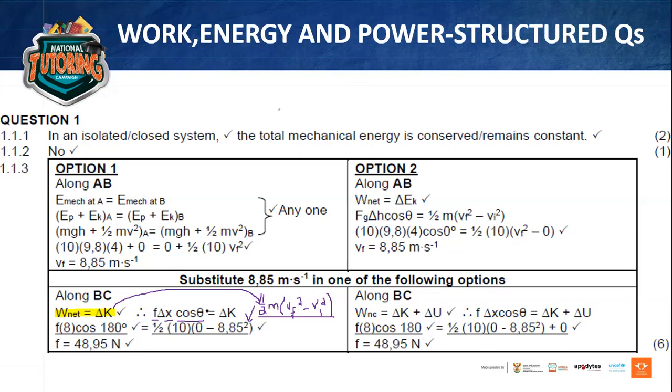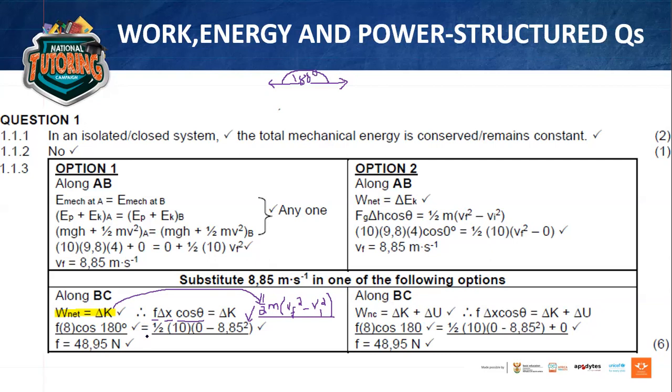When you deal with frictional force, my dear learners, your theta must be 180 degrees because the object is moving to the right and the frictional force is to the left. So the angle between the force as well as the direction of displacement, we can definitely see that it's 180 degrees because the frictional force always opposes the direction of motion of an object.